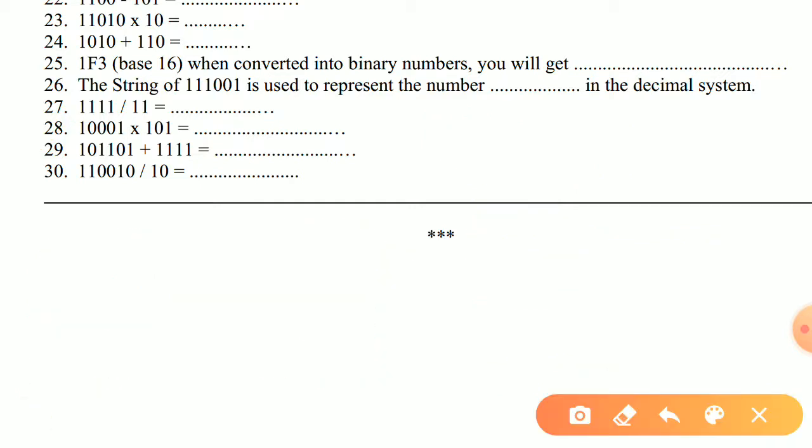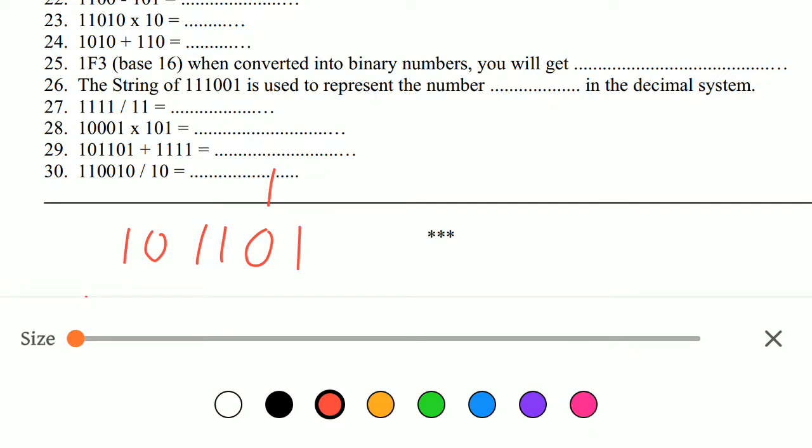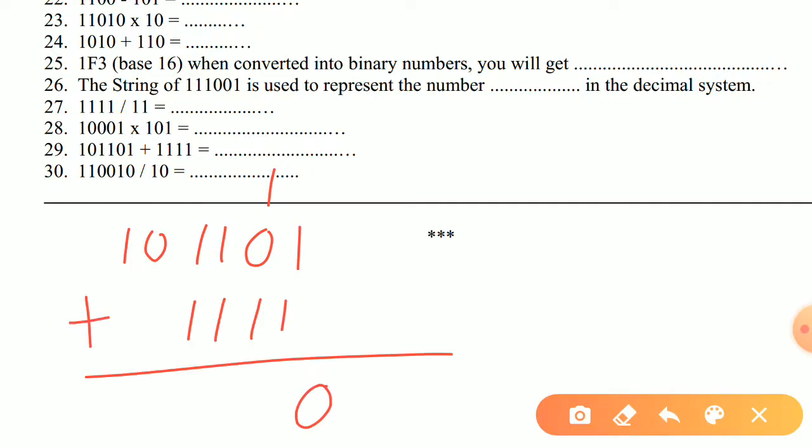Okay, now for the 29th one, we have addition: 101101 and 1111. If you do the addition, then 1 plus 1 is 0 with a carry 1 on the left hand side. 1 plus 0 is 1. We have 1 over here. Now 1 plus 1 is 0 with a carry 1 on the left hand side.